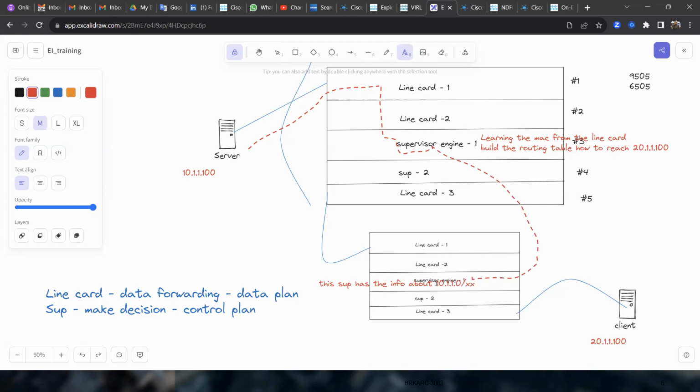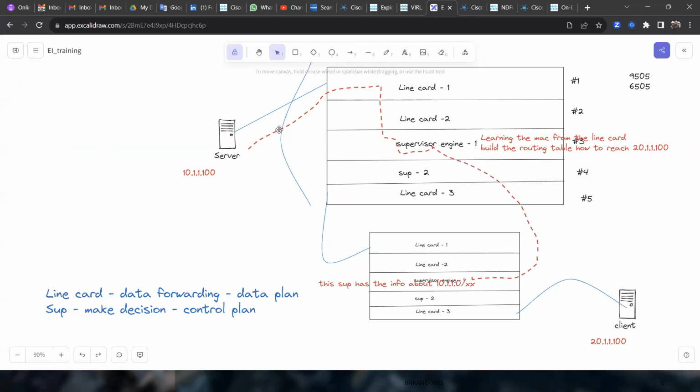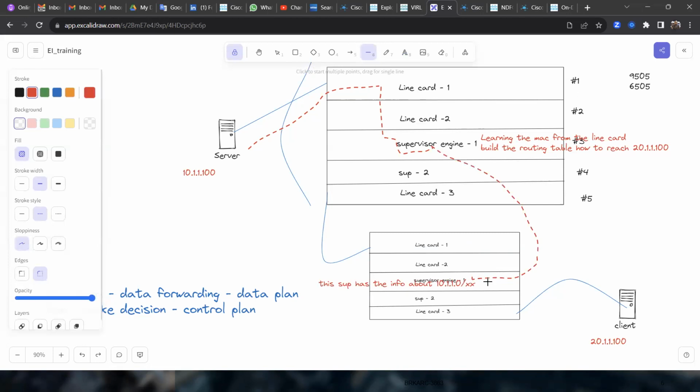Now here you will see, because we are dealing with multi-layer switches, multiple line cards and supervisor engines, internally this information will get bypassed to this line card.